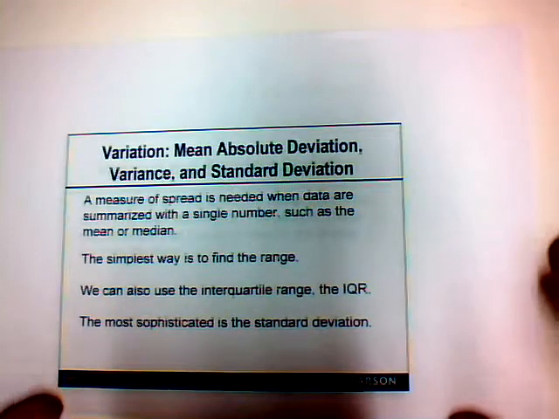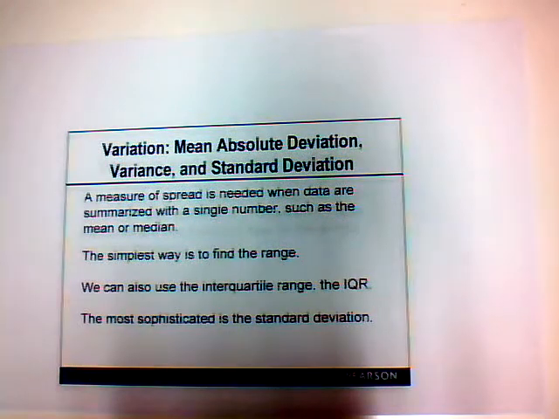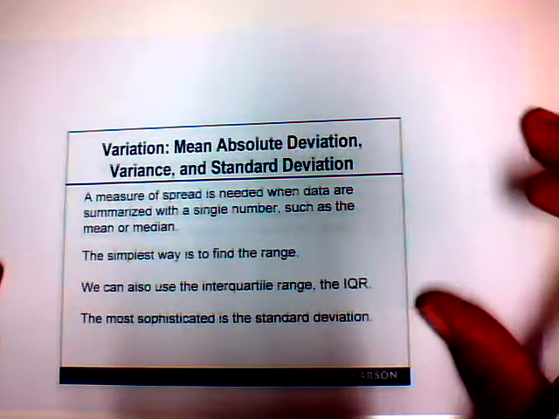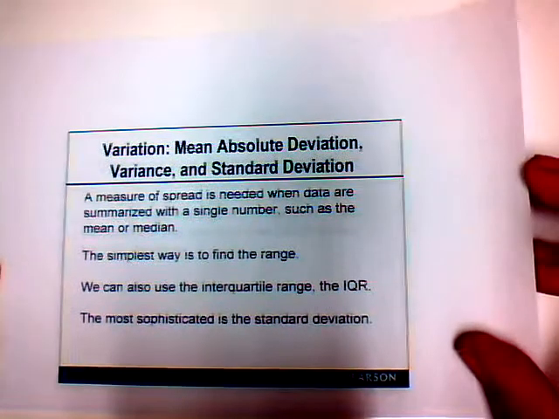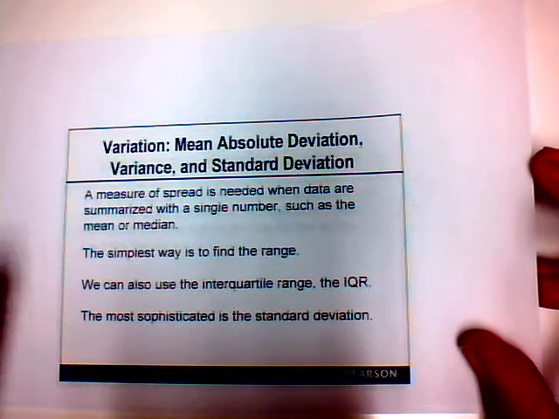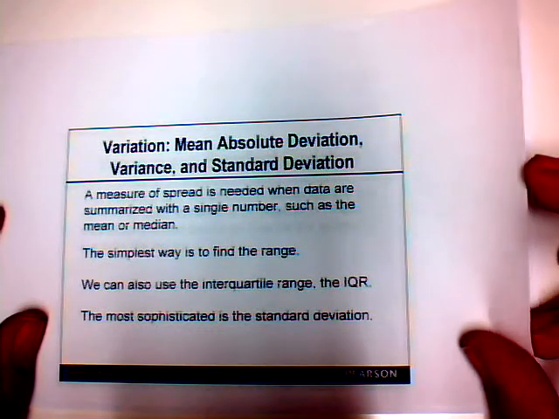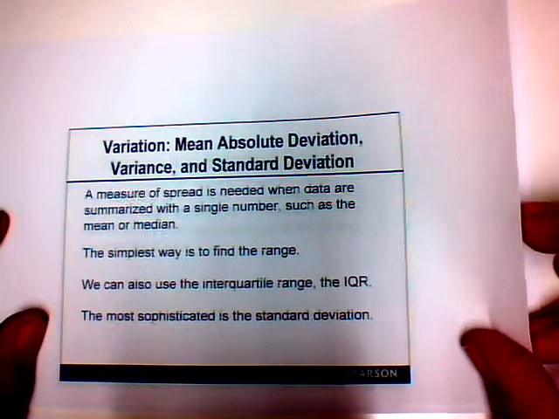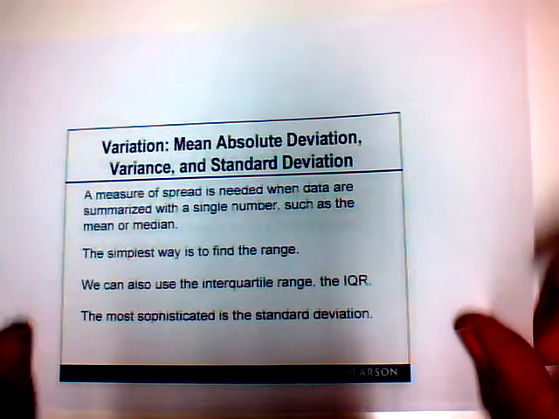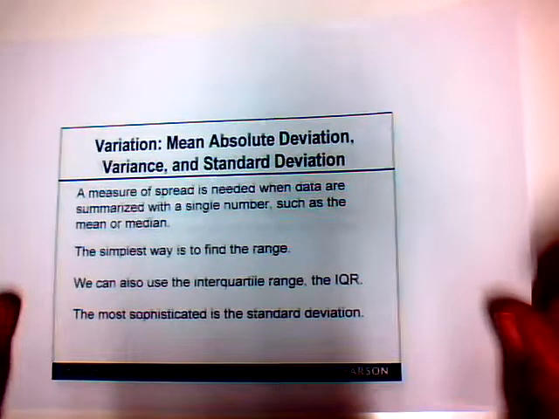Okay, we'll first talk about variation. Now, the only thing I'll talk about is the variance and the standard deviation. I won't talk about the mean absolute deviation. A measure of spread is needed when data are summarized with a single number, such as the mean or the median. The simplest way is to find the range.